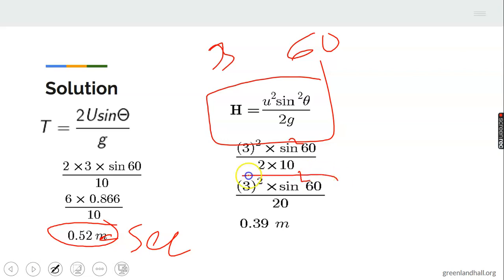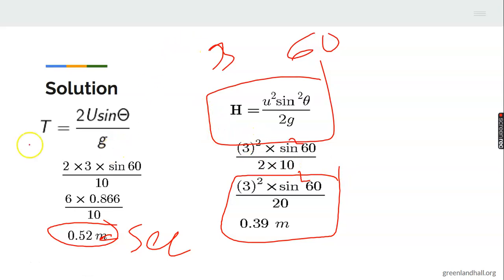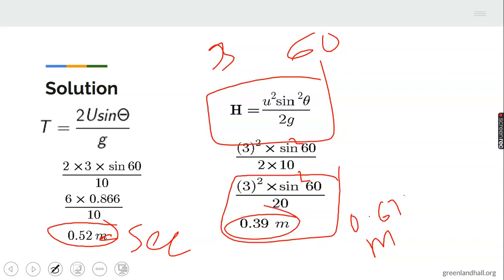I don't know, let's quickly confirm if it's correct. Now, the answer should be 0.67 meters. It's an error here. This answer is not correct.